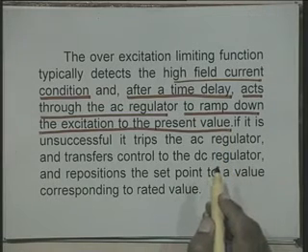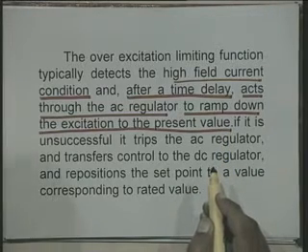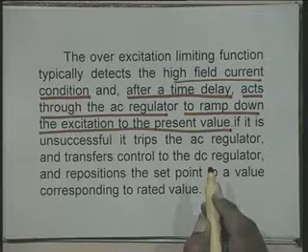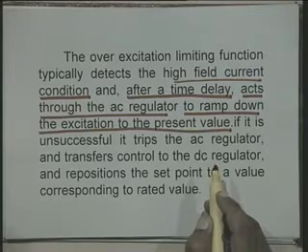In case the current in the field circuit is more, it is detected, then since over excitation is permitted for some small amount of time, this limiter will ramp down, it will bring down the field current and bring it to the rated value.